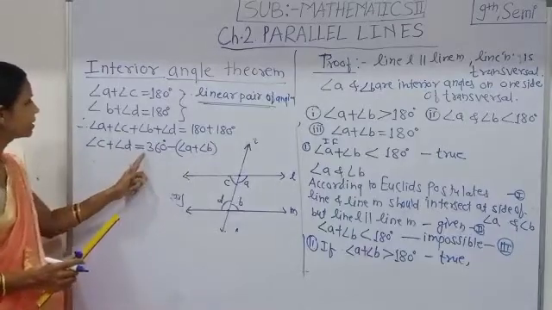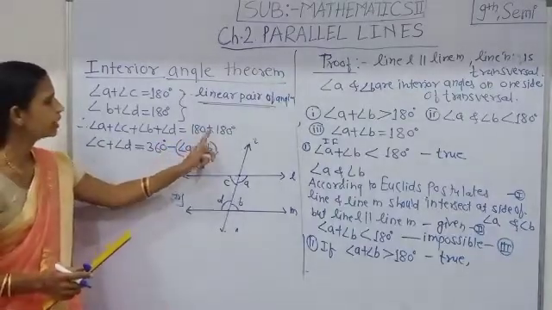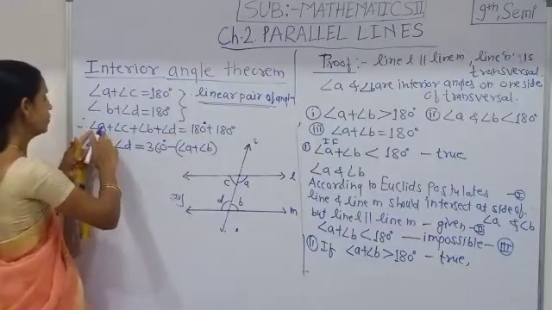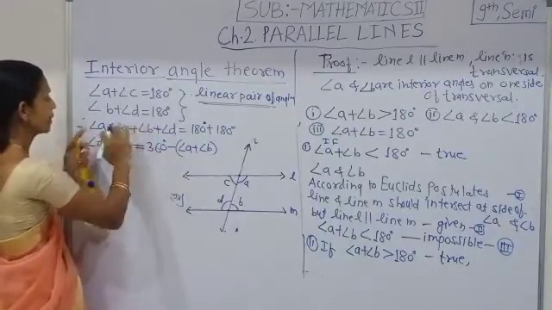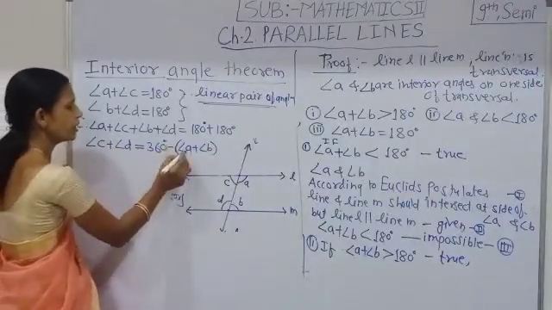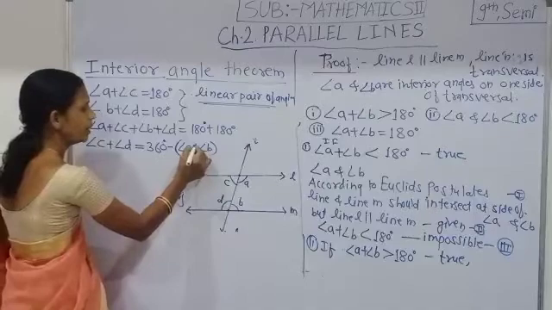Angle C plus angle D is equal to 360, which is 180 plus 180. Then angle A plus angle B is taken to the right hand side. Therefore, 360 minus (angle A plus angle B).